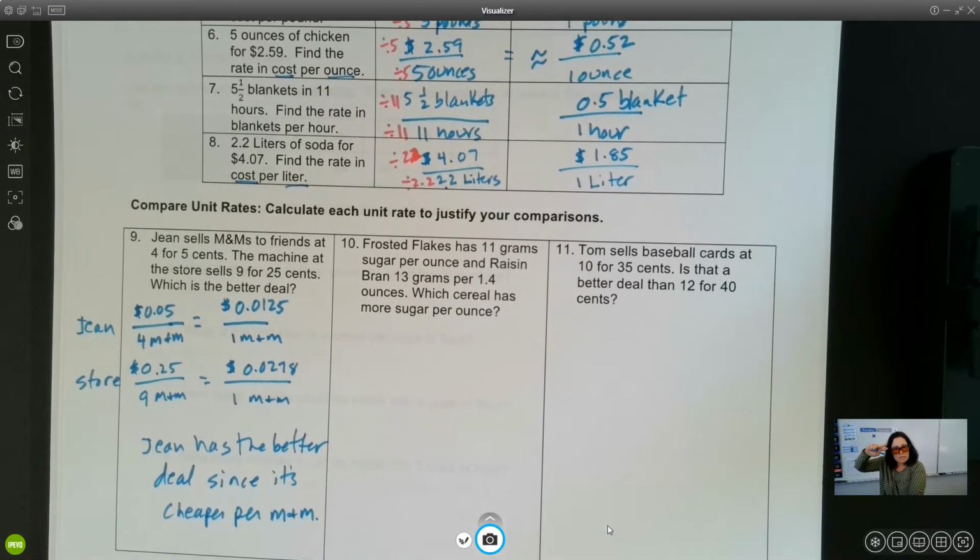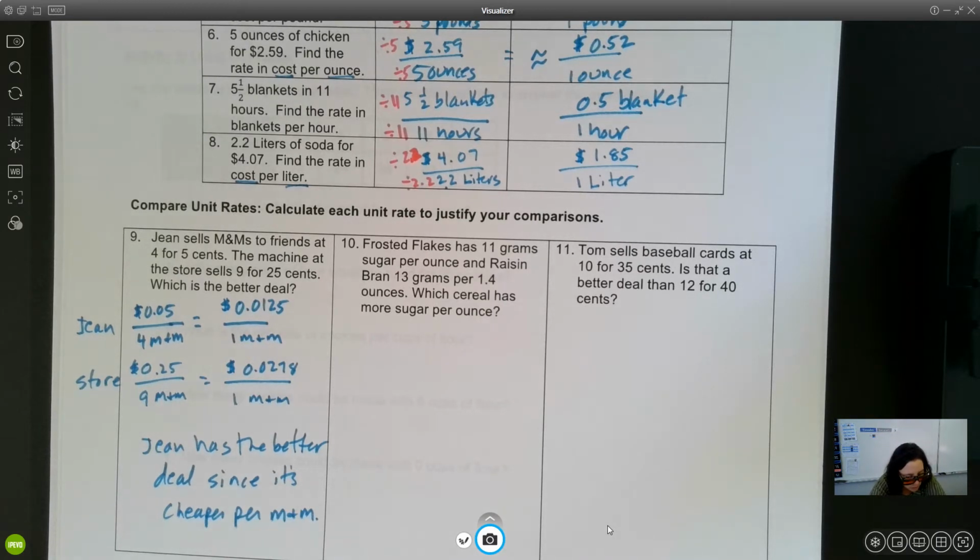If you did the units the other way, you would still say Jean has the better deal, but your since would be you get more M&Ms for your buck. Do you see the difference between the two justifications? If you want to try number 10 and 11 without me and then check, give me a pause. If not, stay with me.